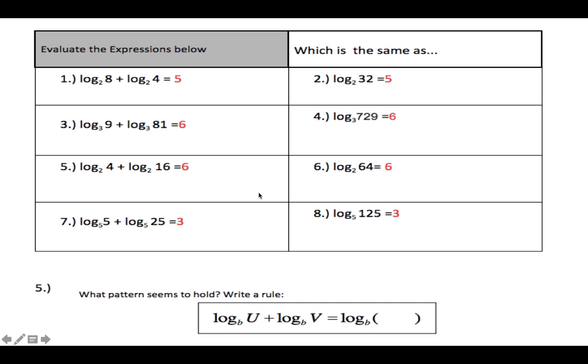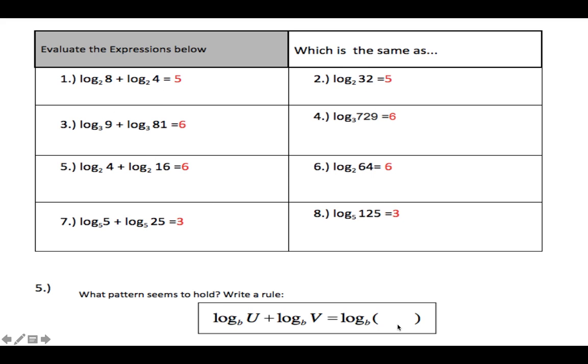After the investigation, it did show the class how this table should have been filled out. This was part of the investigation, and you were supposed to figure out what rule worked. So 8 and 4 gave me 32, 9 and 81 gave me 729, 4 and 16 gave me 64. The pattern that was discovered is that this here is my U, this here is my V. Basically, 8 times 4 gives you 32.